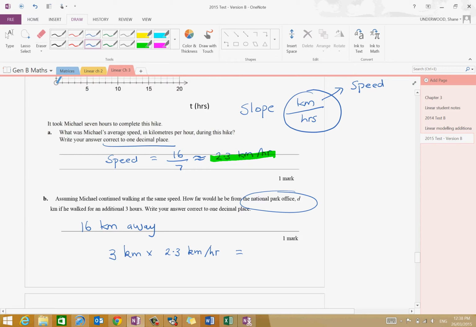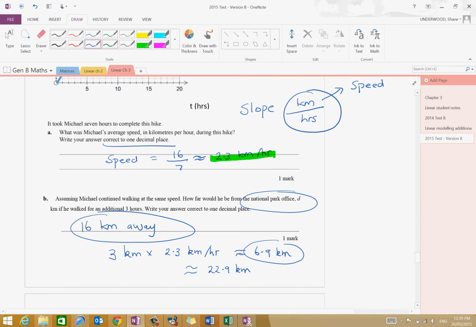Isn't that 6.9? So how far is he away? He's 16 kilometres away plus 6.9, which is approximately equal to 22.9 kilometres.